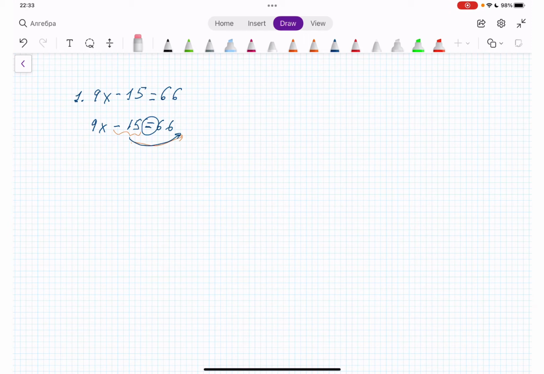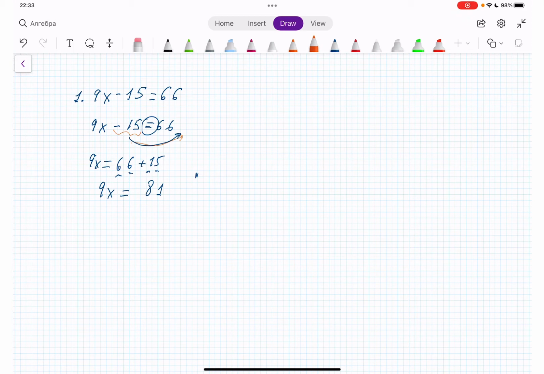Therefore, it's going to be 9x is equal to 66 plus 15. 6 plus 5 is 11, and 6 plus 1 is 7, plus the 1 we carried, we have 81.